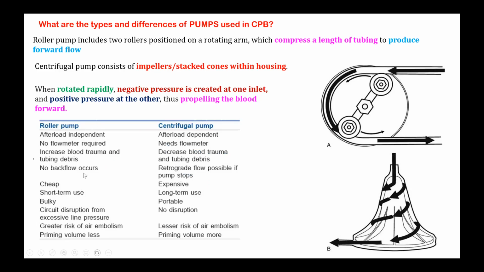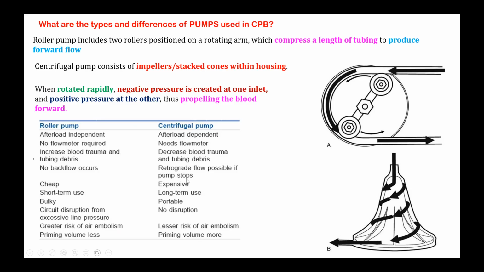Nowadays we use mostly roller pump because it is afterload independent, whereas the centrifugal pumps are afterload dependent. Patient's systemic vascular resistance is very important. And there is no flow meter required for roller pump, whereas you need a flow meter to see how much blood flows through the centrifugal. There is an increased blood trauma because the tube is crushed. There will be some amount of trauma to the blood, whereas in the centrifugal the trauma is much less.